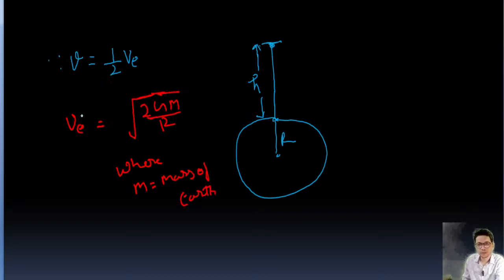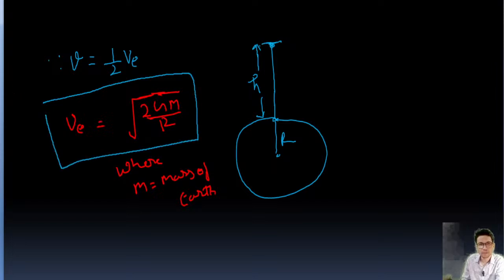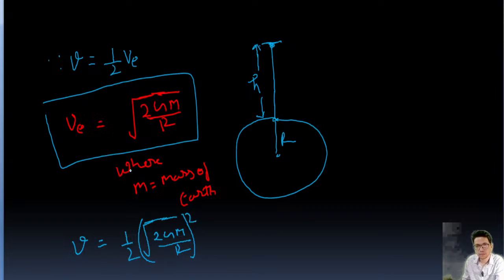This is an important formula you should know. Now I'll put the value. So v is going to be half root 2GM upon R.